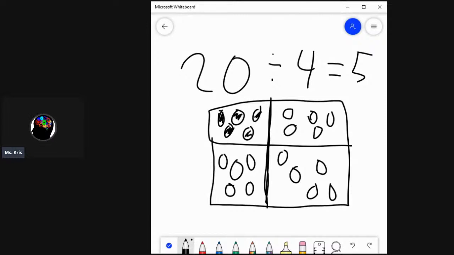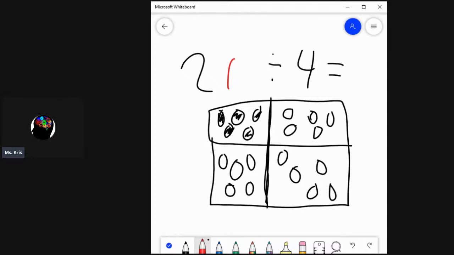Now, what if I cannot divide my answer evenly? What if instead of 20 divided by 4, I have 21 divided by 4?